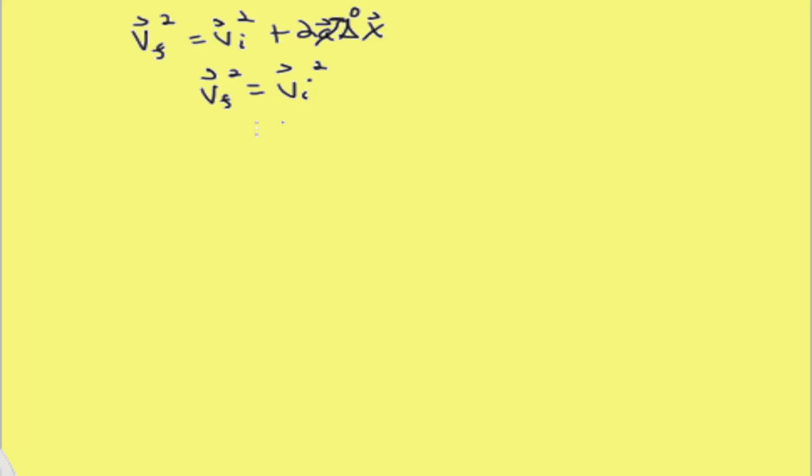If we define a quantity known as the kinetic energy as 1/2 the mass of the object times its velocity squared, and multiply each side by 1/2 m, then we end up with this equation: 1/2 m v squared equals 1/2 m v initial squared.